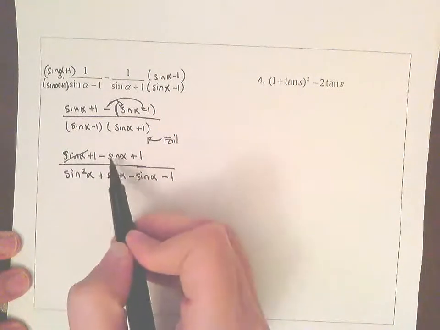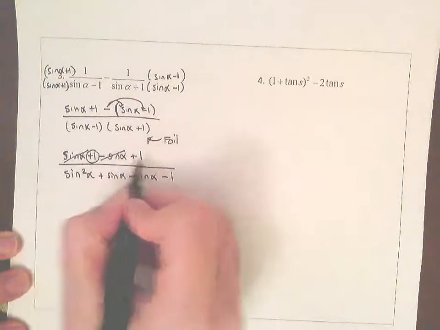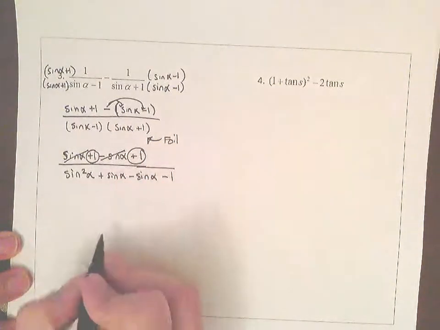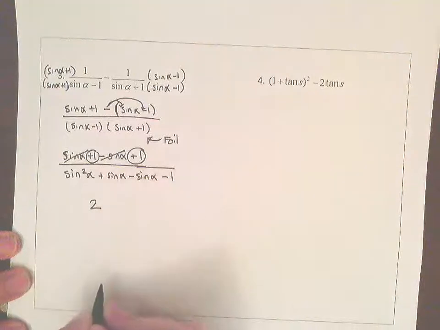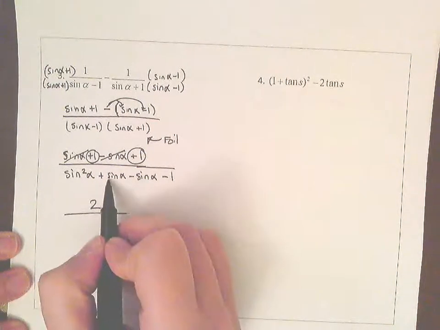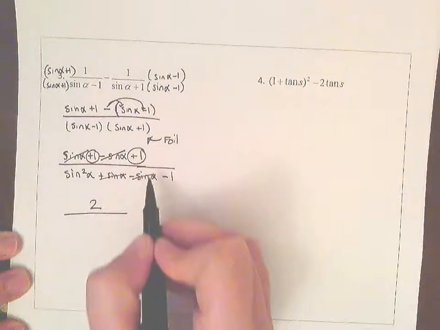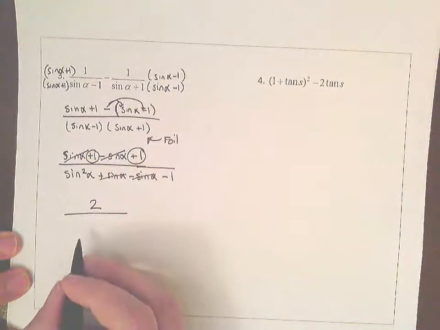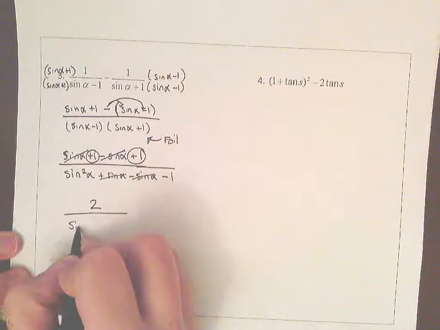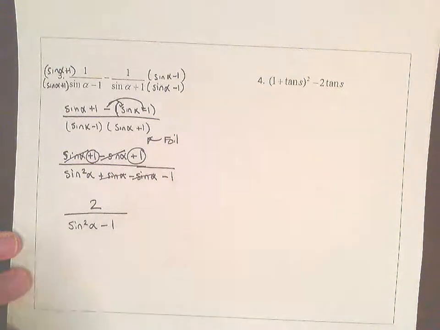Well, they go away. And then what you're left with is just 1 plus 1, which is just 2. And then down here, what do you notice happens to positive sine of alpha and negative sine of alpha? They cancel out. So what you're left with is sine squared of alpha minus 1.